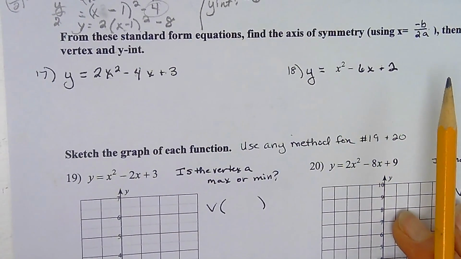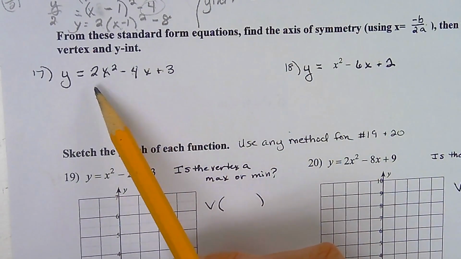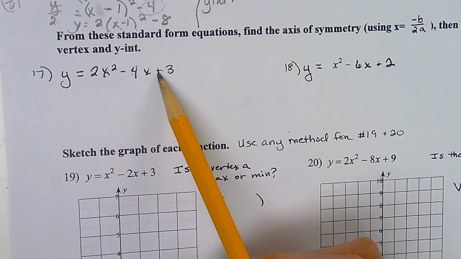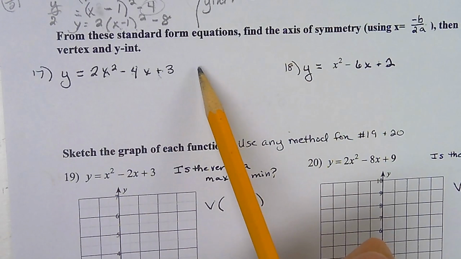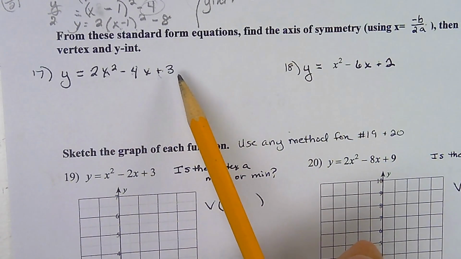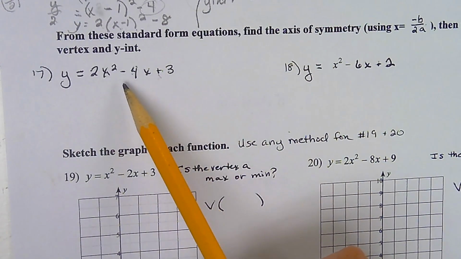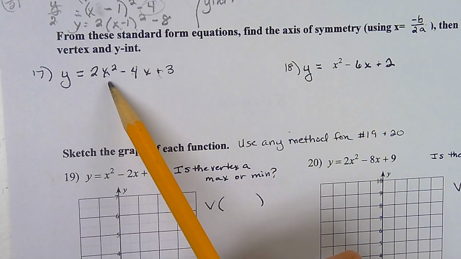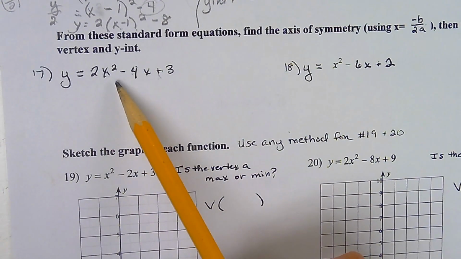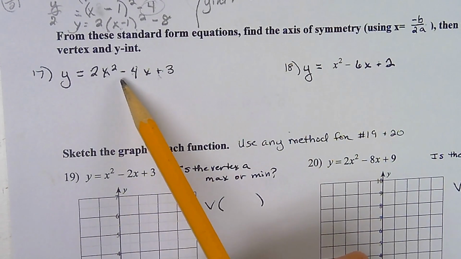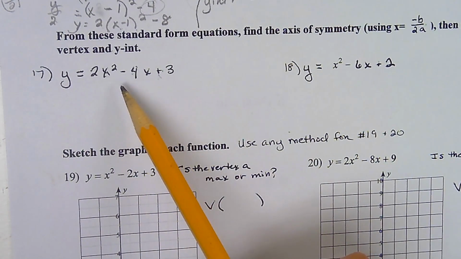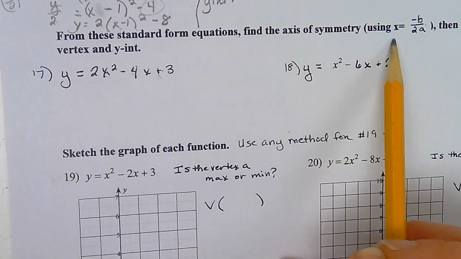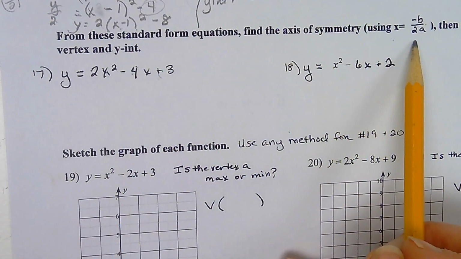Okay. A long time ago, we had equations in standard form, and before we moved them into vertex form, we used a different technique. This was a long time ago, and I'd like you to practice it. How do we find the vertex and the axis of symmetry from the standard form without converting it into vertex form? Well, we're going to use the equation x equals the opposite of b over 2a to find the axis of symmetry.